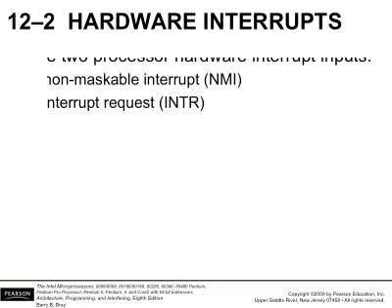In the next few slides, I want to talk a little bit about the hardware interrupts. Basically, we're talking about two input pins. One is the non-maskable interrupt, and the other one is the interrupt request. That's the regular interrupt.